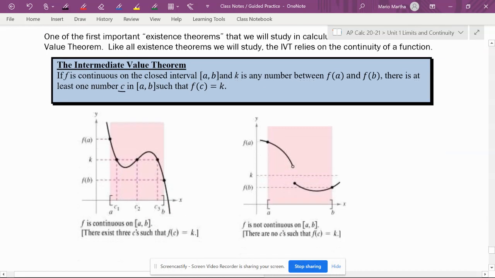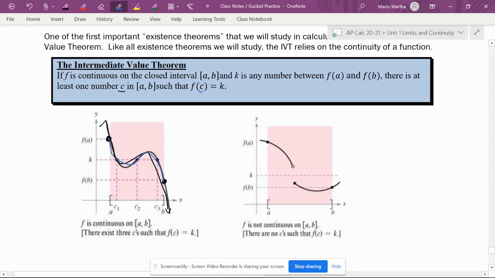So what does this mean? If I have a continuous function as I have right here, and I'm looking for a number between a and b, which we can call c, then if the function is continuous through those values, the function itself went through some value f of c as well.